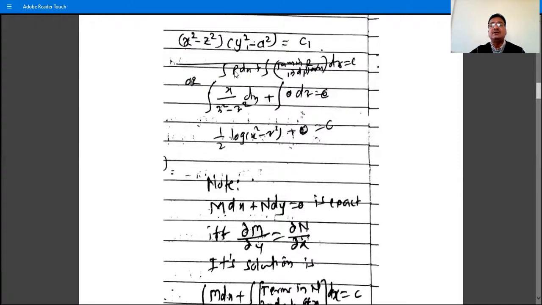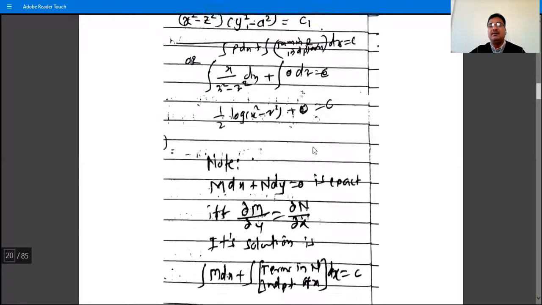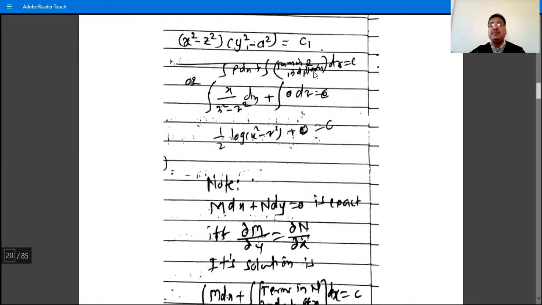Integration of m dx, that is, integration of P dx, plus terms in R independent of x dz is equal to 0.